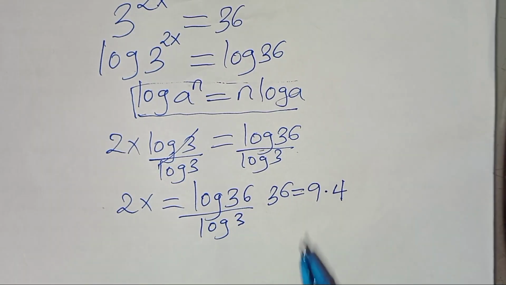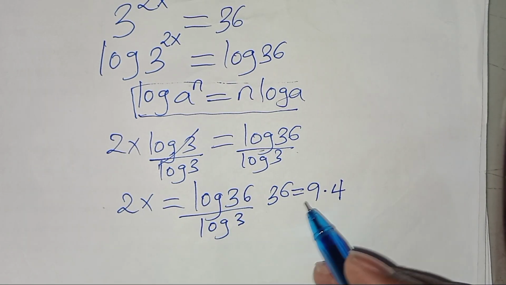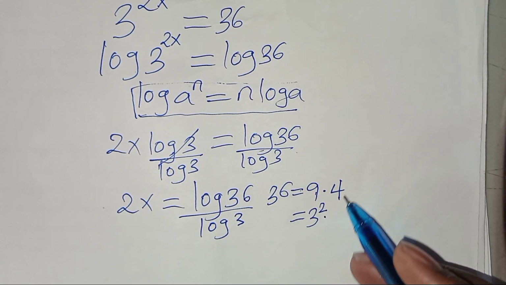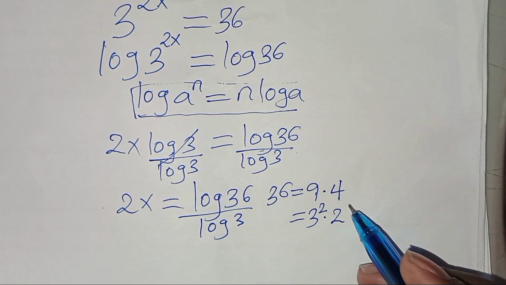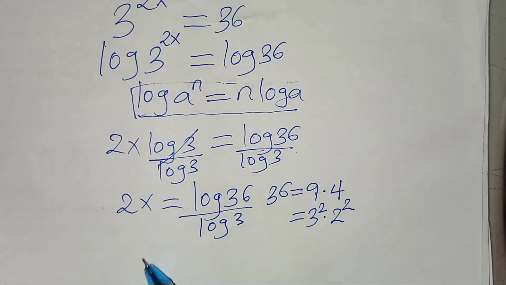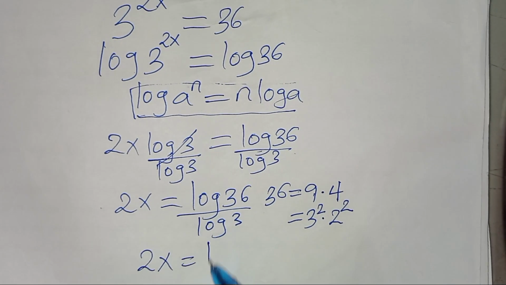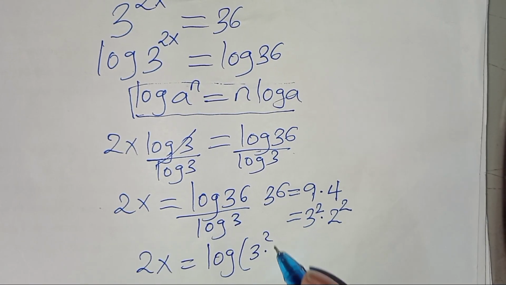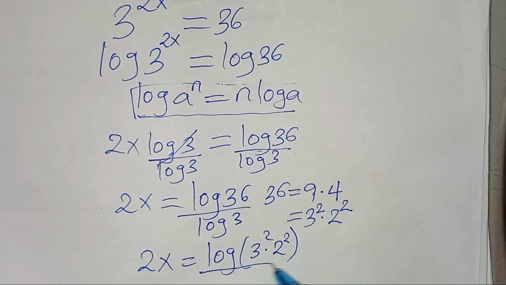Okay, now we can also further express 9 as 3 to the power 2, and also we can express 4 as 2 to the power 2. Okay, so let's substitute this here.